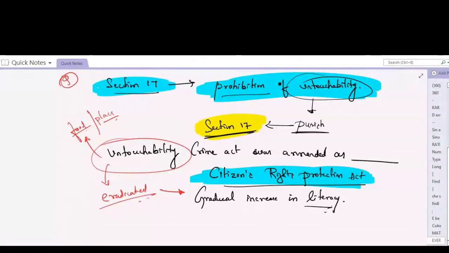There is a reason why untouchability in India has gone because of this. Understood? Without education, you will not get to know what you are and what rights you have, how to behave with others, how to live in the society, how to make your status in the society, how to maintain our dignity.